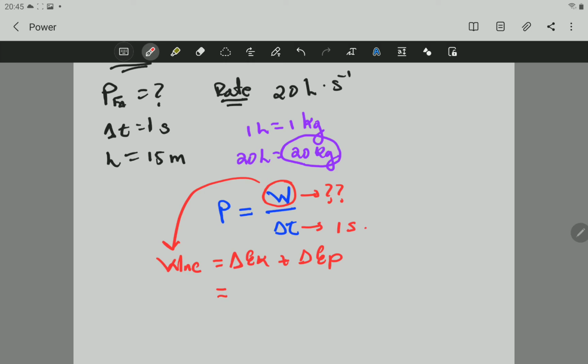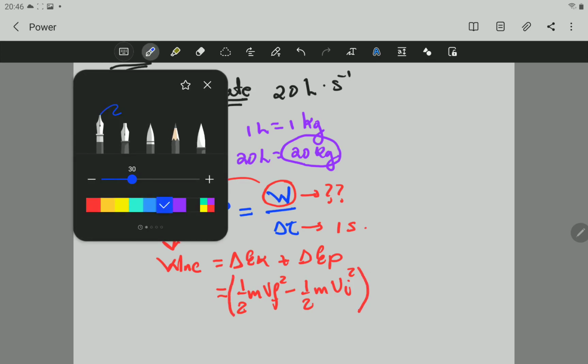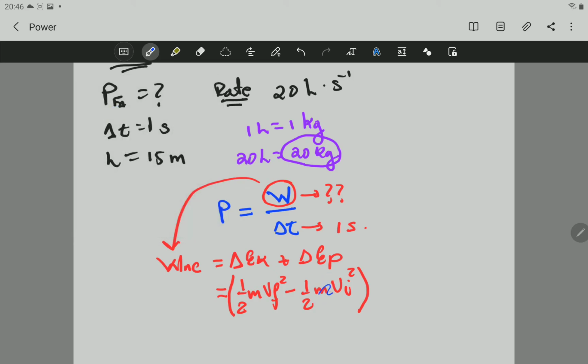This is half mass multiplied by the final speed of the water right at the top, squared, minus half mass times the initial speed of the water squared, that is when it's in the borehole. Before I go on, I'm going to say that the water, while it's in the borehole, does not have any speed, therefore that is equal to 0.